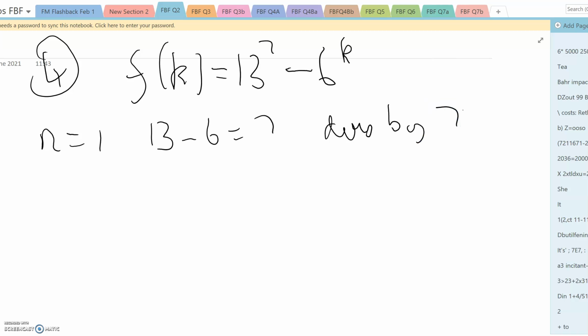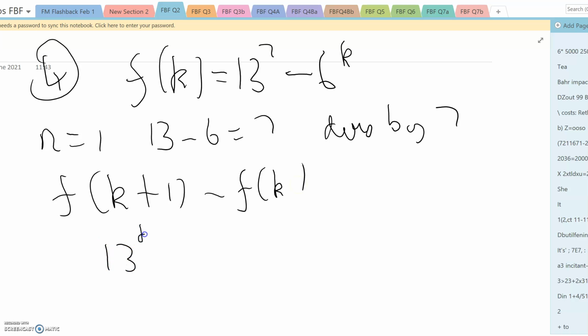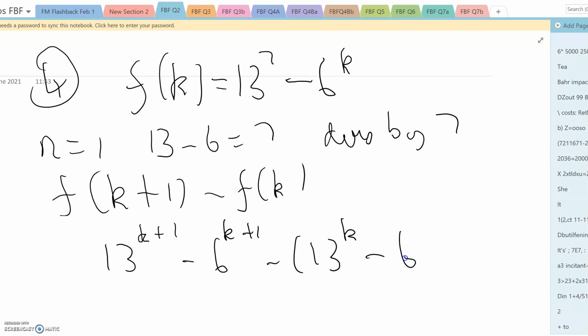The standard procedure with divisibility is to consider f of k plus 1 minus f of k, which is 13 to the k plus 1 minus 6 to the k plus 1, take away 13 to the k minus 6 to the k.